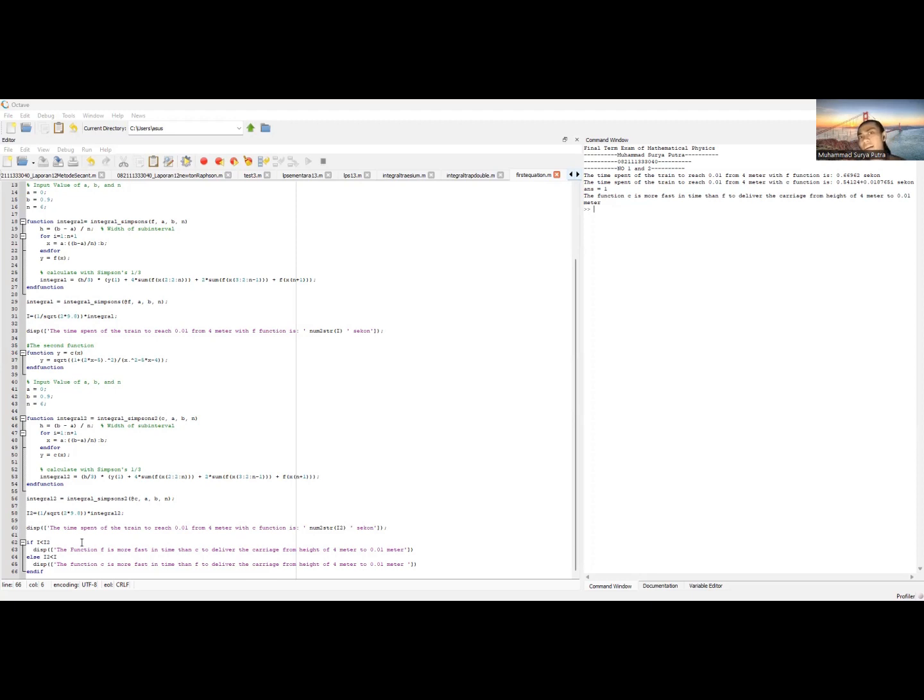In this problem solving, the first problem is to find the fastest function that can deliver the fastest time span of the train to reach 0.01 meters from the 4 meters, from the highest peak.